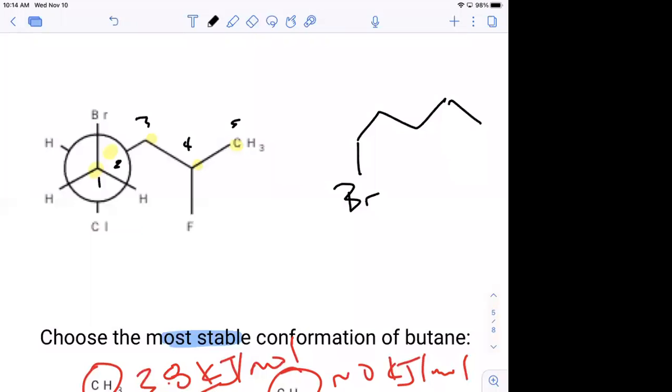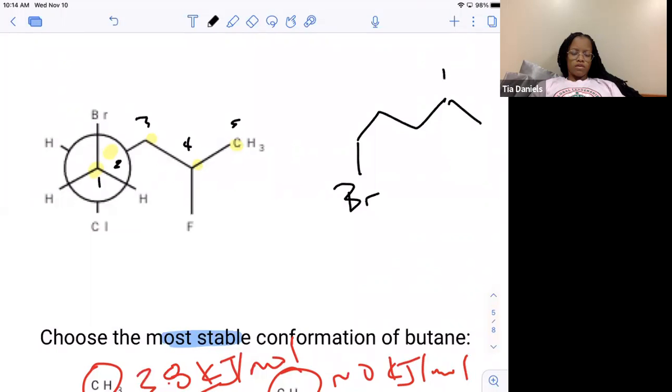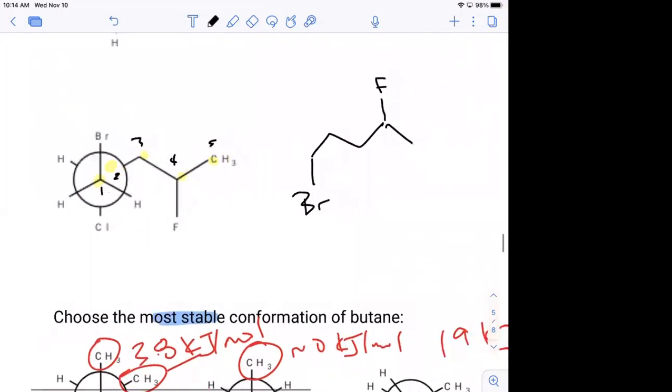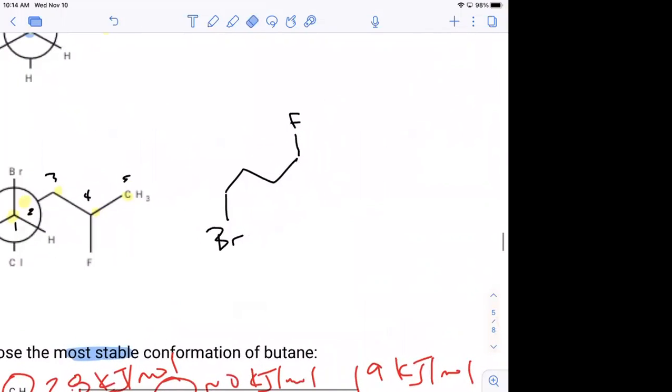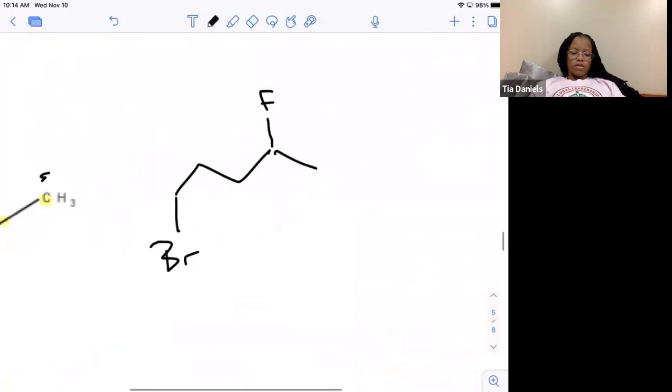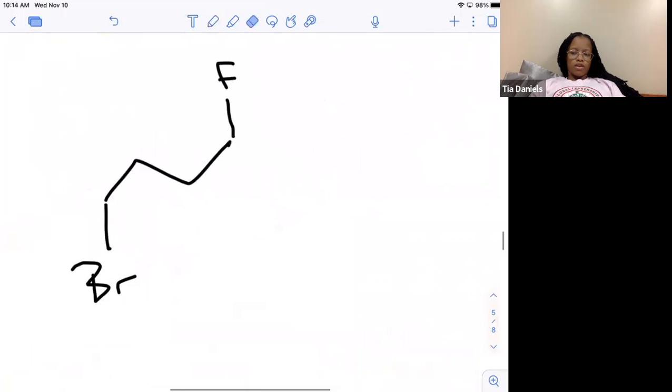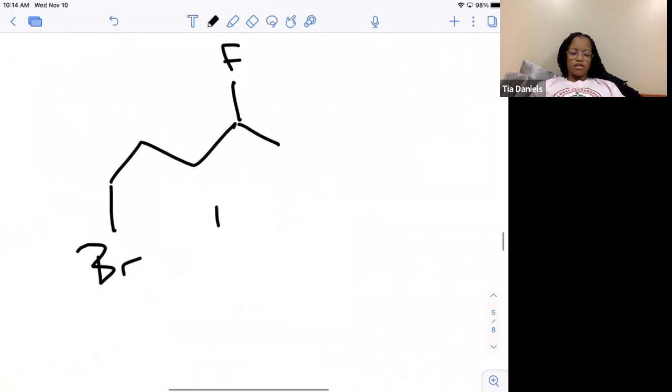And then a fluorine where? The fourth one. Carbon 4. Like that. How do we name that? Anybody? Would it be 1 bromo, 4 fluoro, pentane? Yep. Good.